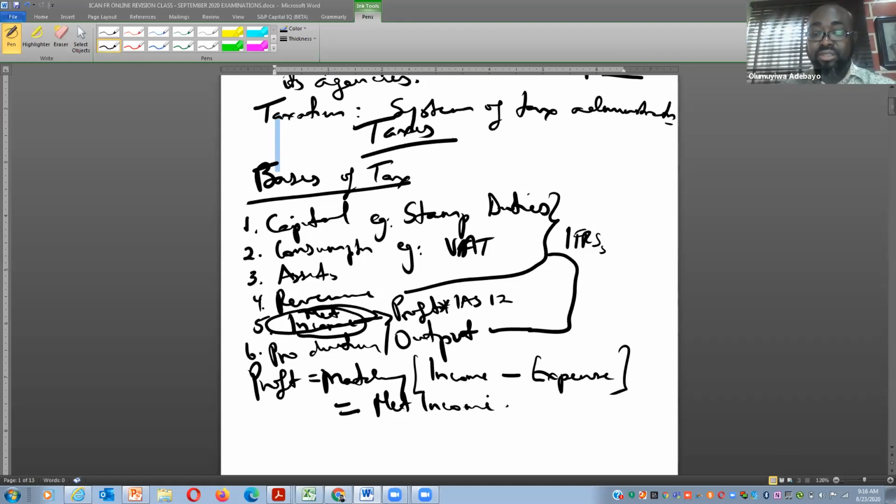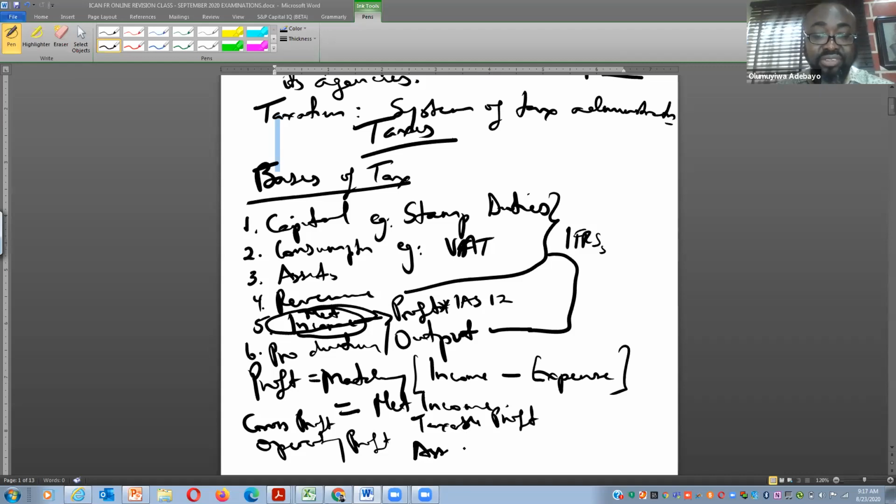Again, profit has different aggregate levels. Profit could be gross profits. Profit could be operating profits. Profit could be taxable profits. Profit could be assessable profits.